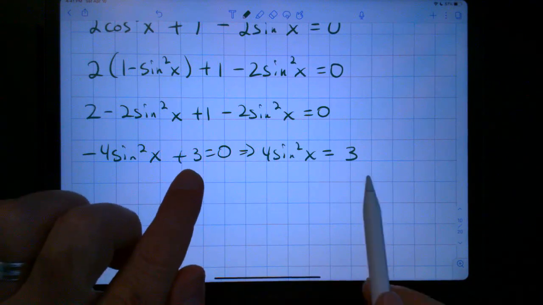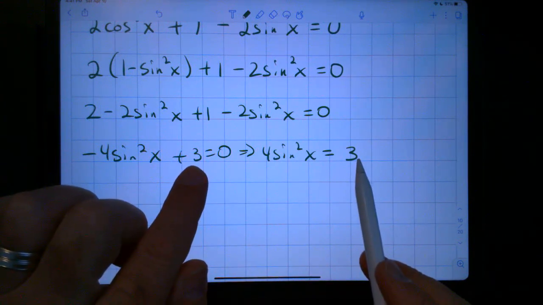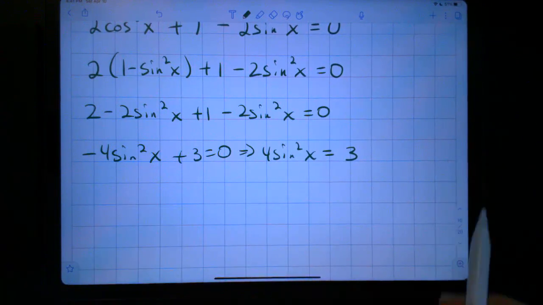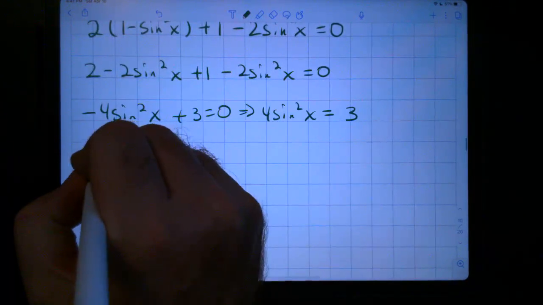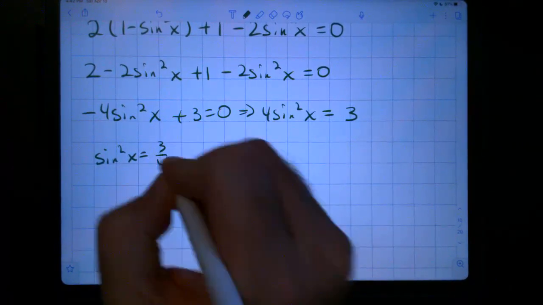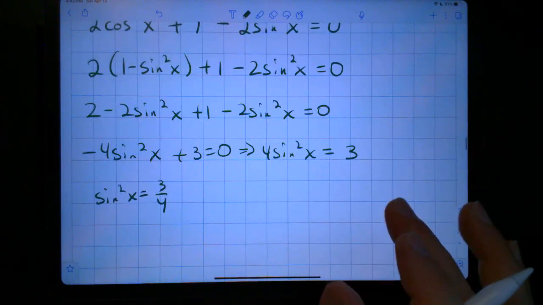If we subtract 3 from both sides, we get a negative 3. Then multiply both sides by a negative 1 gives us this situation. Interesting.